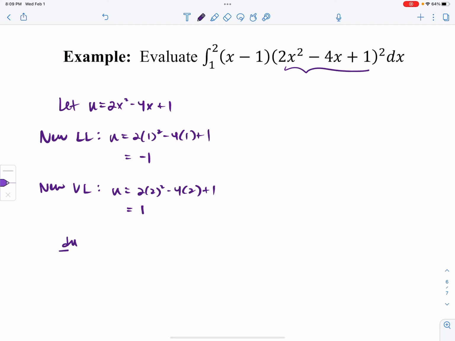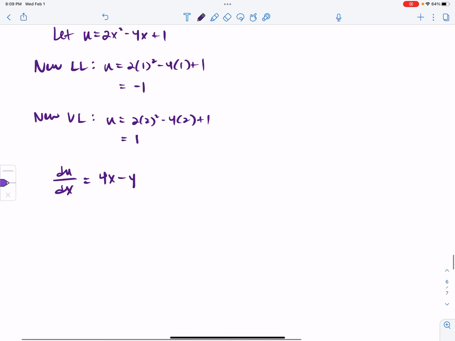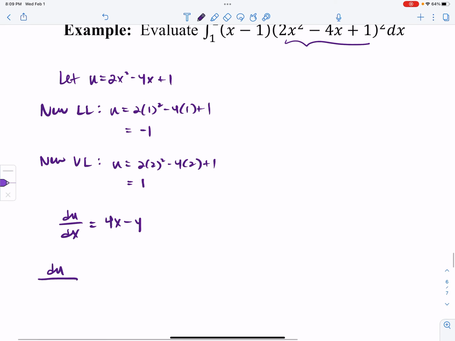Okay, and then du over dx is 4x minus 4. And you can either right away recognize what you're letting du equal to, or if we solve for dx, that's going to be du over 4 times the quantity x minus 1.